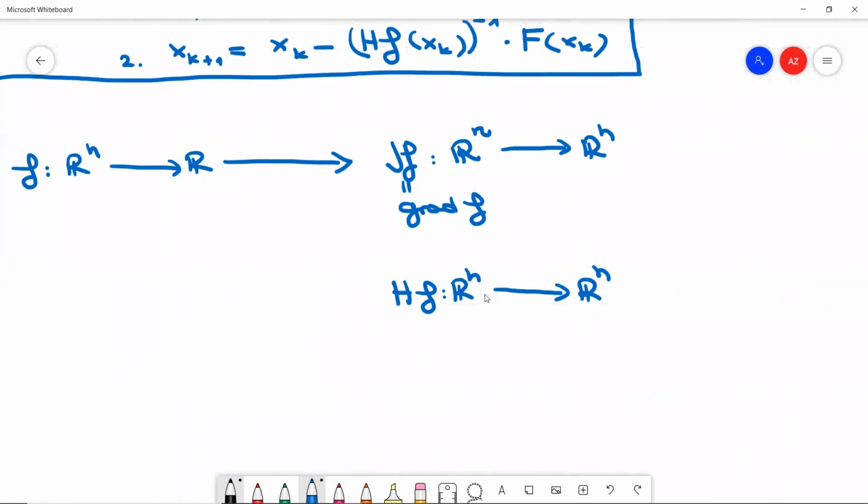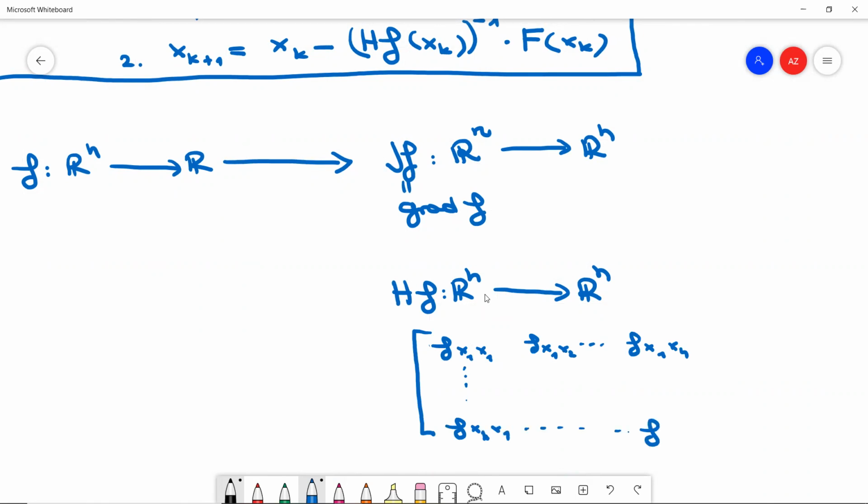This is the matrix of second derivatives, so we have f of x1 x1, f of x1 x2, and so on, f of x1 xn, then f of xn x1 and so on.